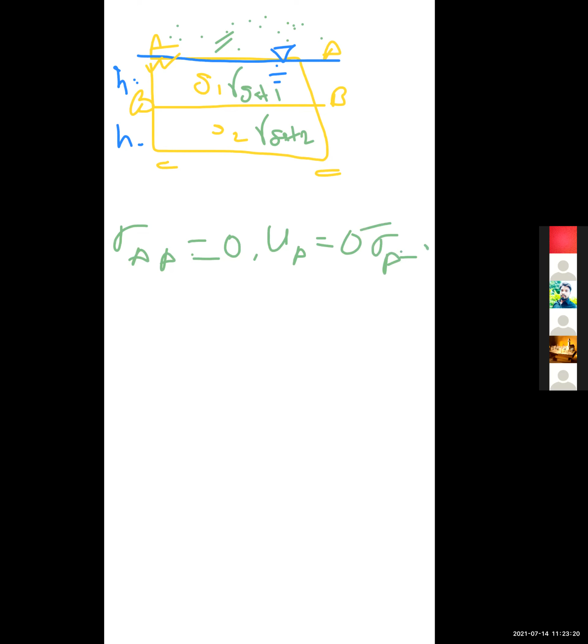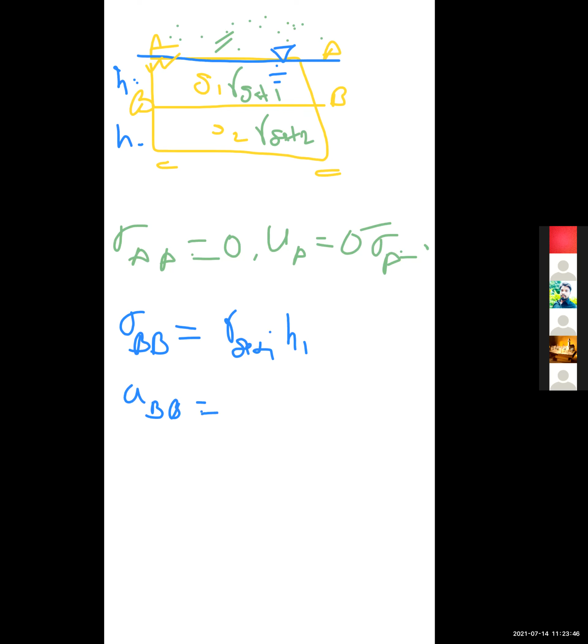Now for B, sigma B, the total stress at B level. What is the value? First, total stress at B is gamma sat 1 into H1. This is the total stress. And what is the effective stress at B level?